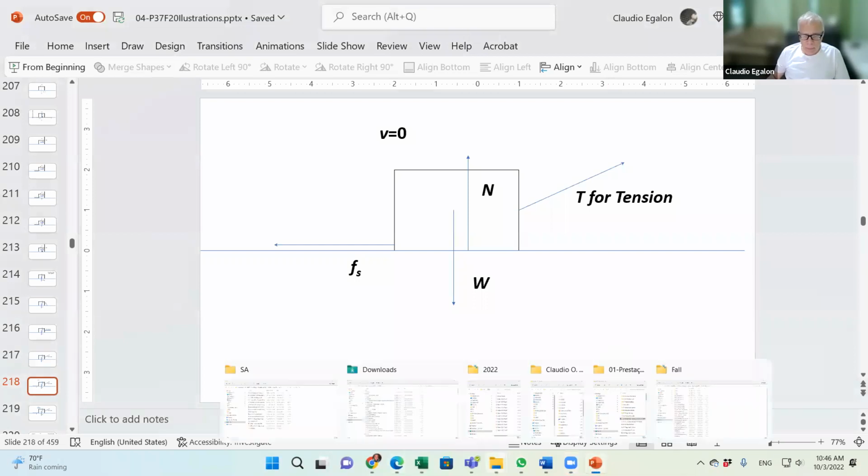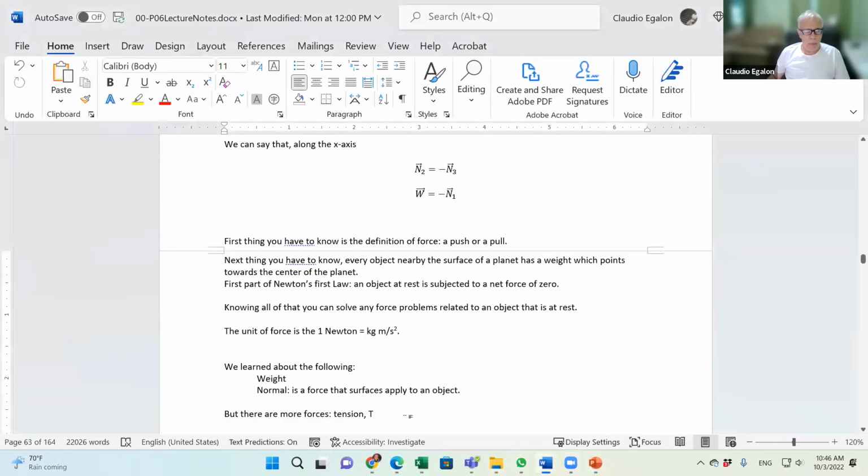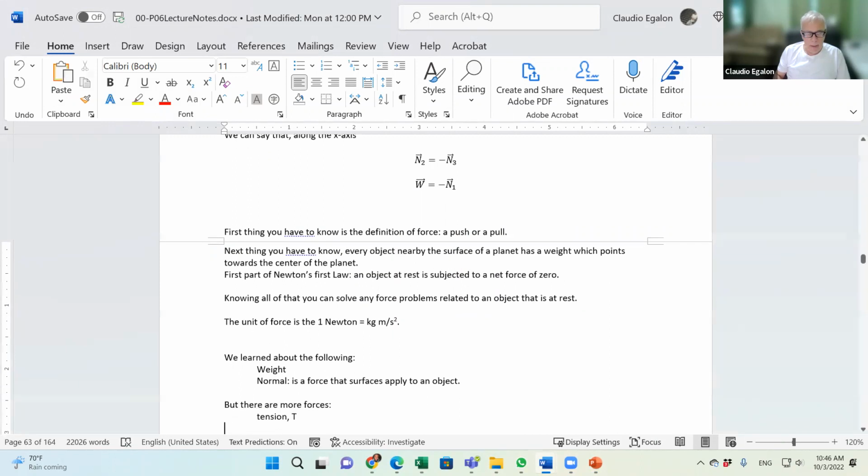Okay, so here you go, let's go. Tension, tension T, here you go. There is a force of friction. And there are two types of force of friction. Force of static friction, usually represented by the lowercase f sub s, and force of kinetic friction, represented by f sub k.